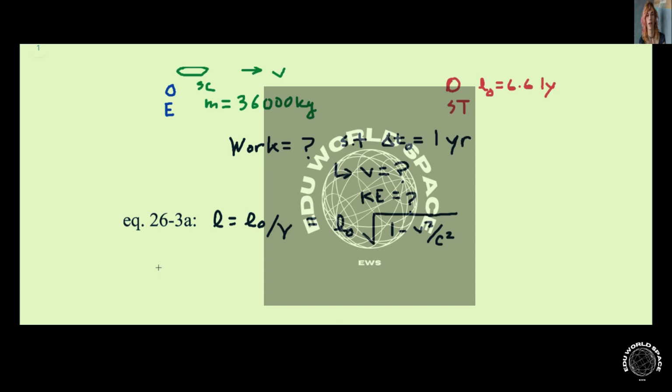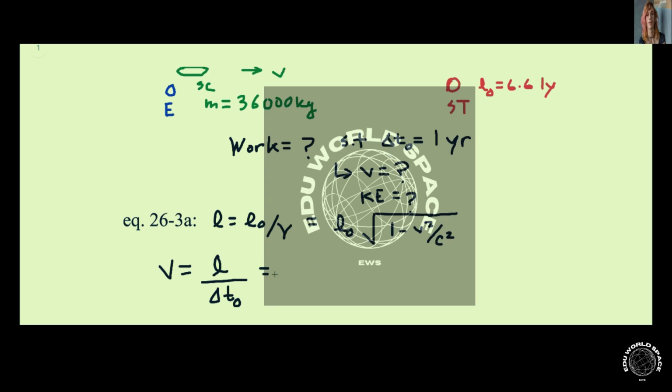V. And so v is simply the distance traveled, L, over the time taken, that these passengers of the spacecraft want to be one year, right?